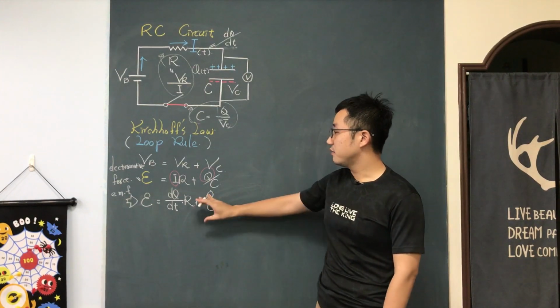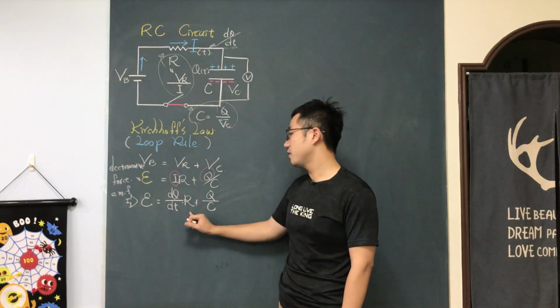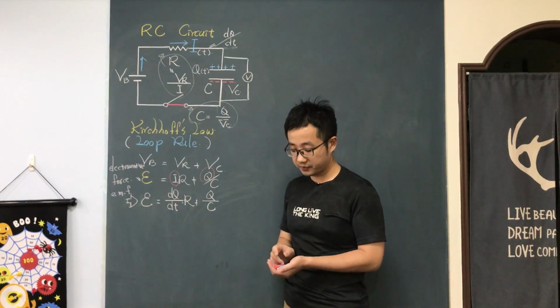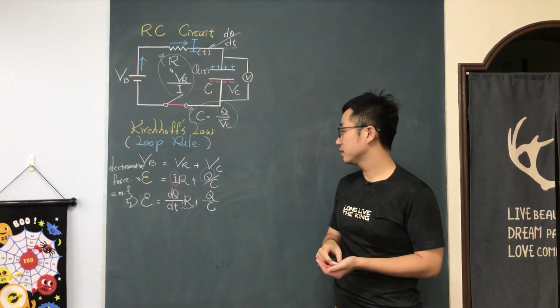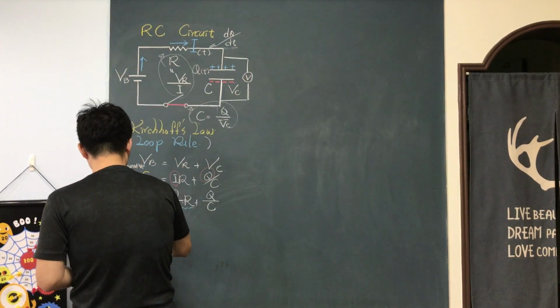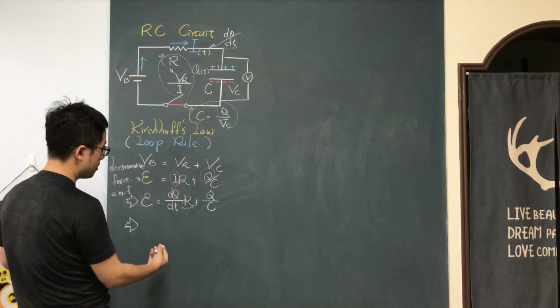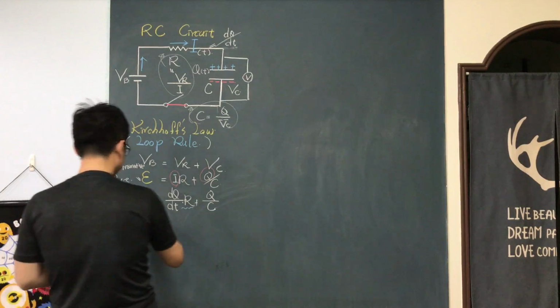So I need to simplify this a little bit. I first divide both sides by R, and I will switch a little bit.